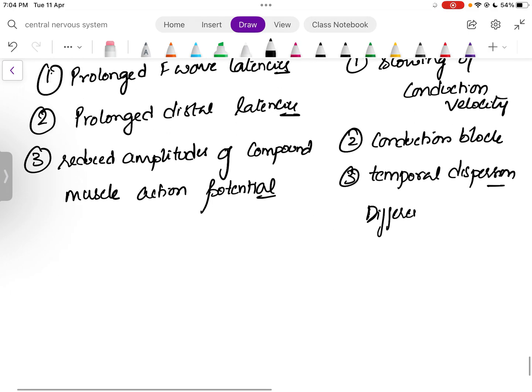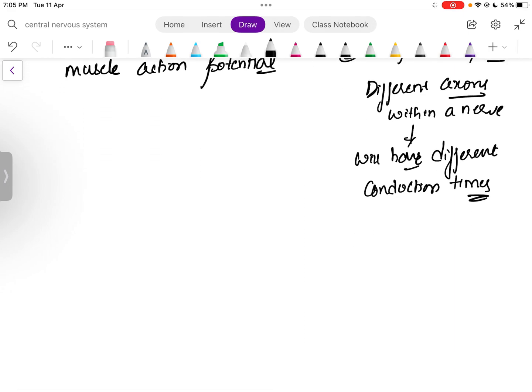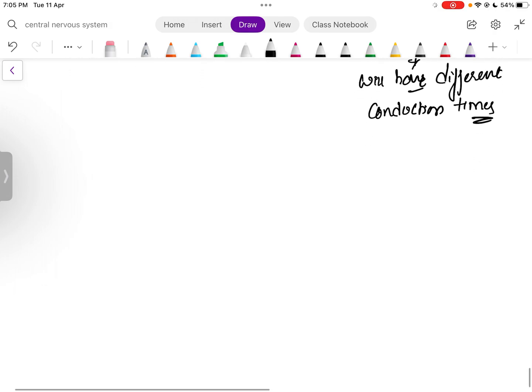That means different axons within a nerve will have different conduction times. So each axon will have different conduction. This is what we see in Guillain-Barre syndrome. These are the investigations we will see in Guillain-Barre syndrome.